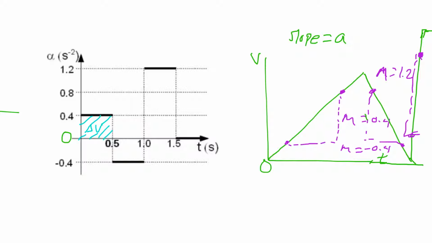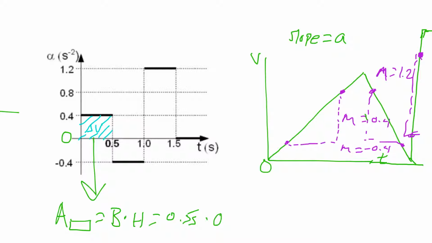Okay? So here, if we wanted to find out what this one is, the area of the rectangle is the base times the height. So the base is 0.5 seconds, and the height is 0.4 meters per second squared.